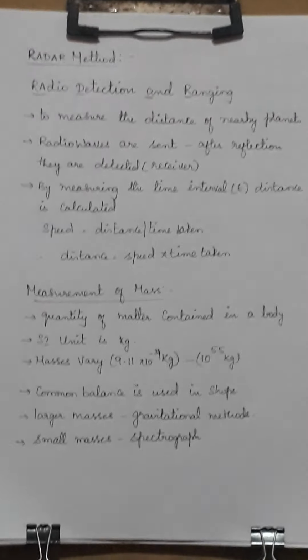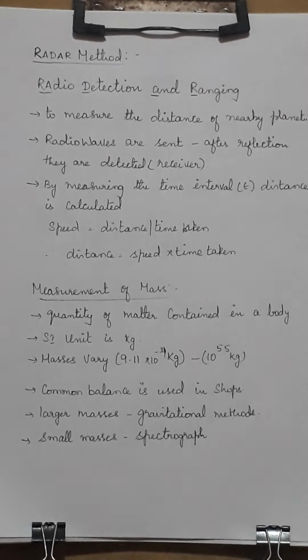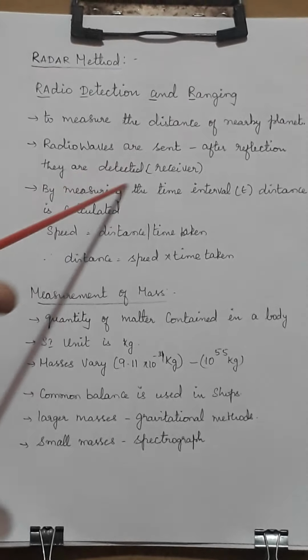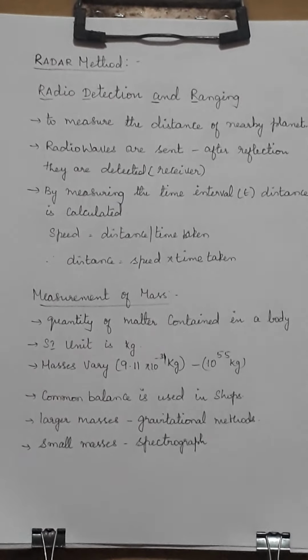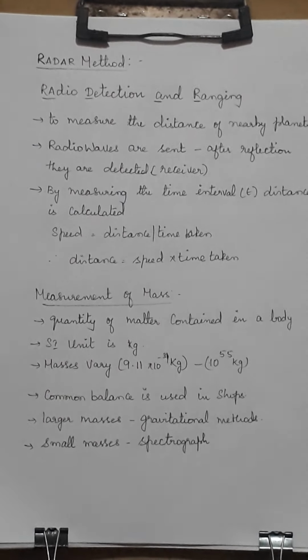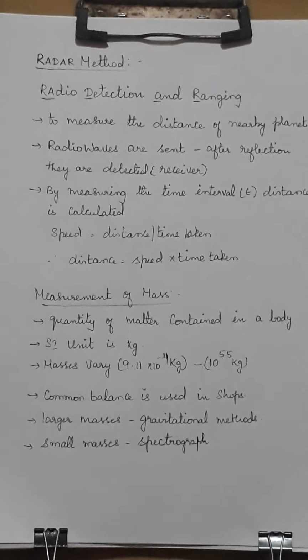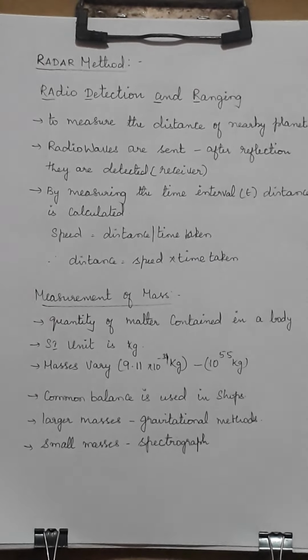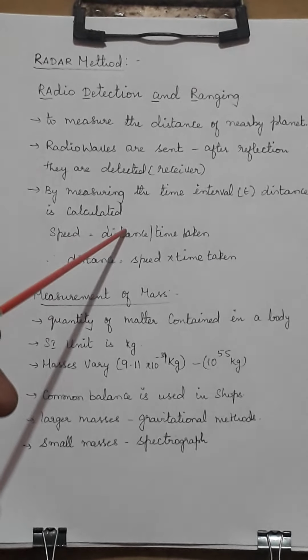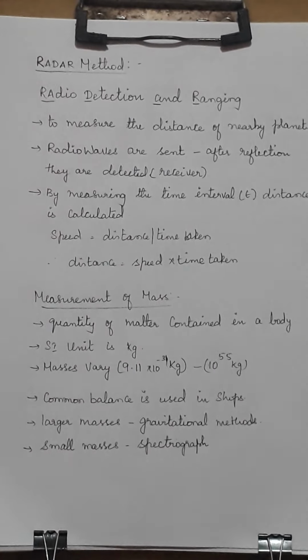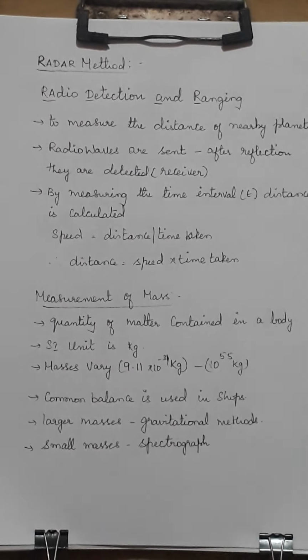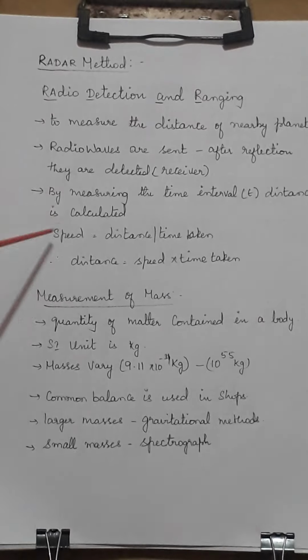But you may be wondering, how am I going to use this sending and receiving to find out the distance? In your earlier classes, you have studied that speed is equal to distance by time taken. These radio waves, we know the speed at which they travel.